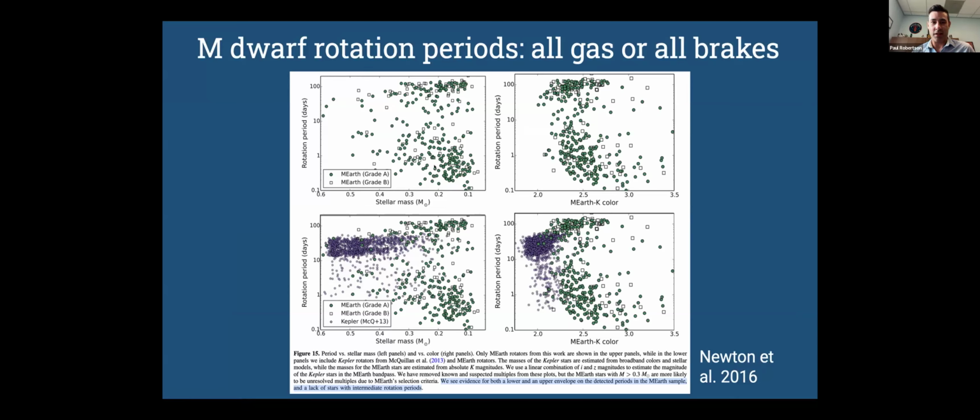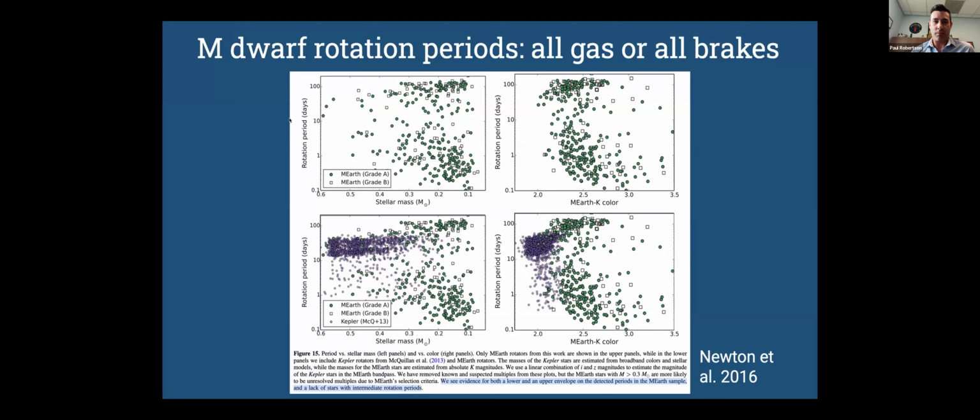Basically, what you can see is that they cluster either around very rapid rotation, or there's a track for slower rotators. And there's a noticeable gap in between, which seems to indicate that stars begin their lives rotating very rapidly. At some point, there's a type of phase change where they move from the rapid rotator track to the slow rotator track, and that happens fairly quickly.